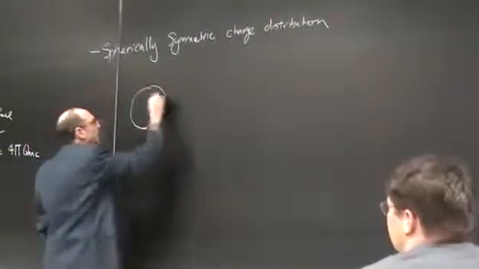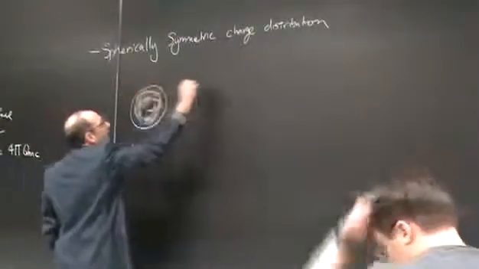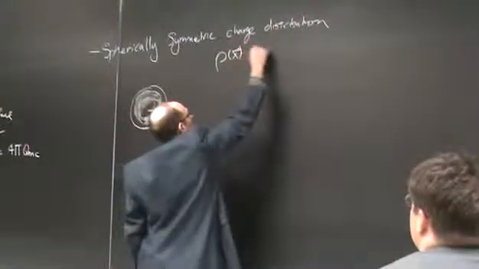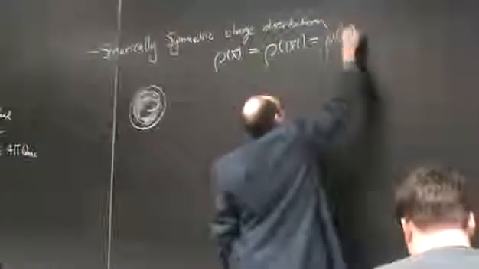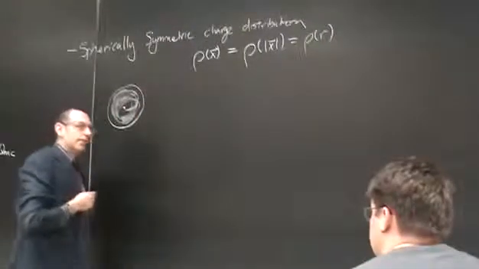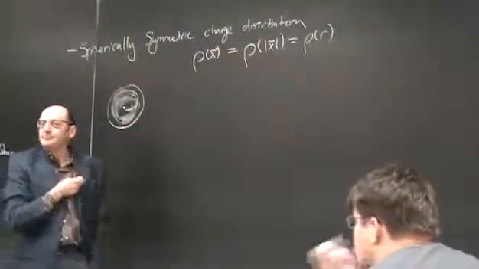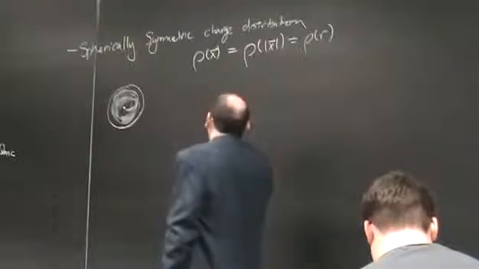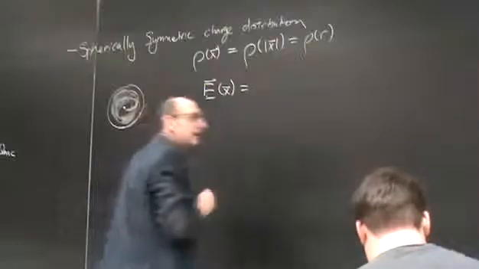I'm not saying necessarily that it's uniform, but what I mean by spherically symmetric is that rho as a function of x only depends on the distance from the origin, putting the origin at the center of the charge distribution. It may vary as a function of r, but it's independent of theta and phi. Okay? So, when that is true, we know the form of the electric field immediately from symmetry.